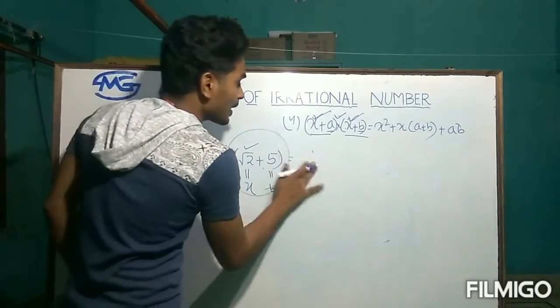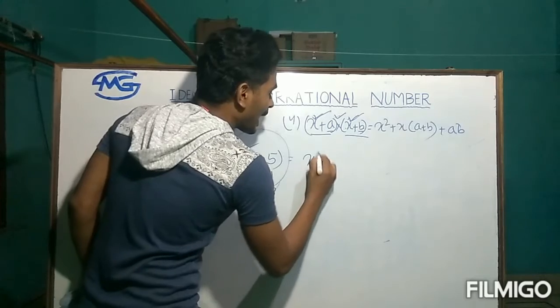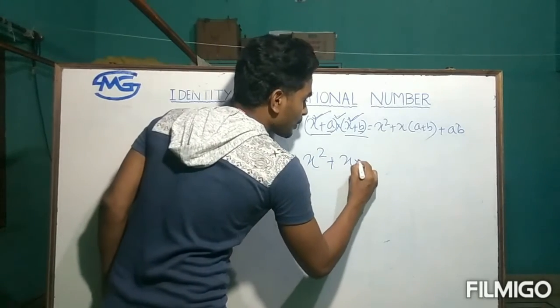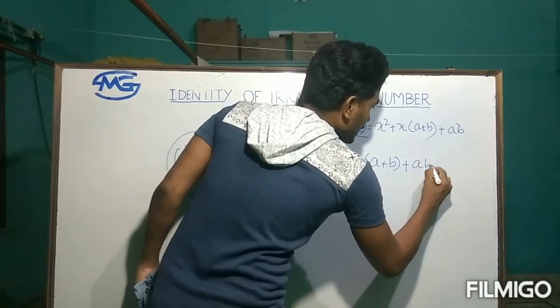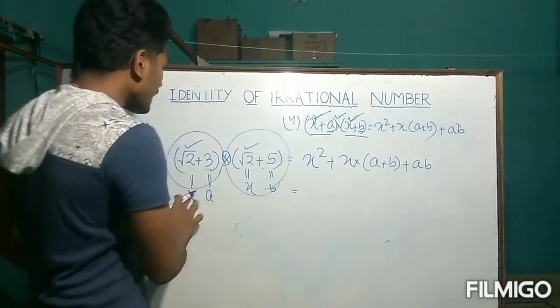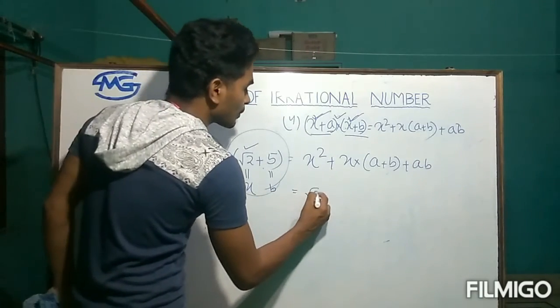So what will be the resultant? The resultant will be x square plus x whole into (A plus B) plus AB. In place of x we can put root 2.